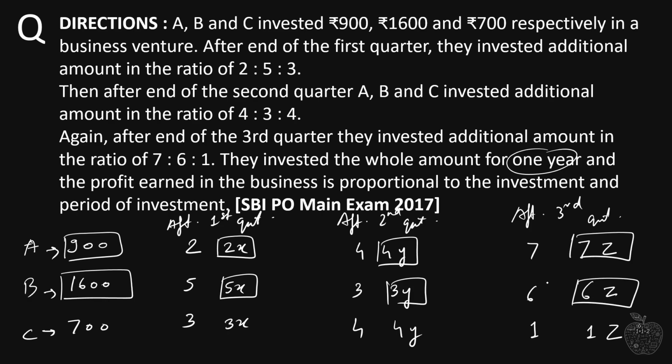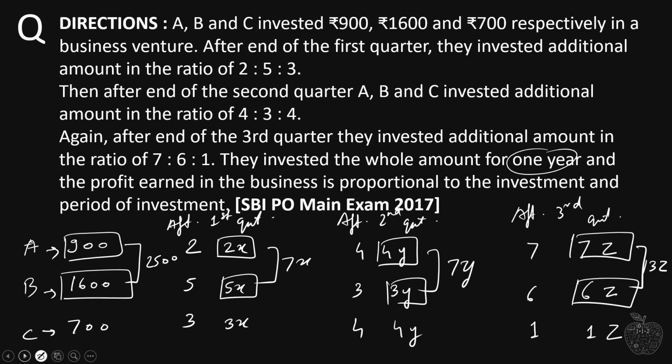All right, this is the total investment of A and B. So what is this total? It is 900 plus 1600, it is 2500, and this is 7x, and this is again 7y, and this is 13z.